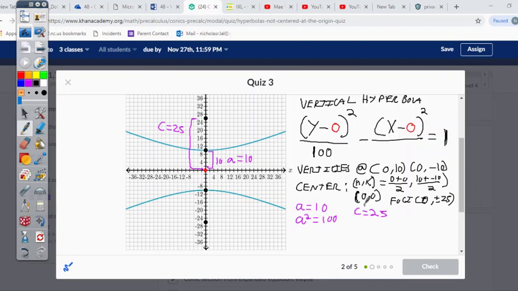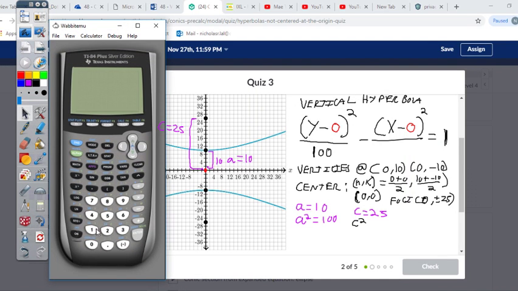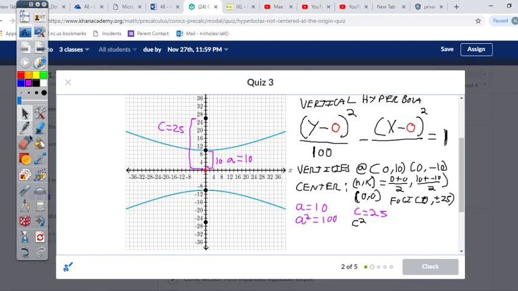So c is equal to 25, which means that c squared is going to be equal to 25 squared. 25 squared is 625. So c squared is equal to 625.